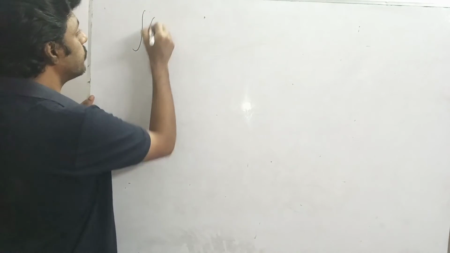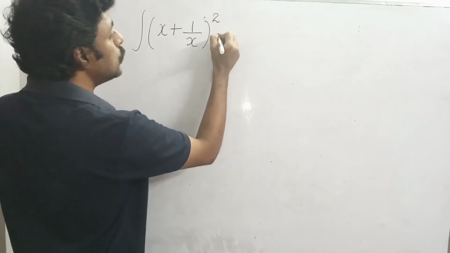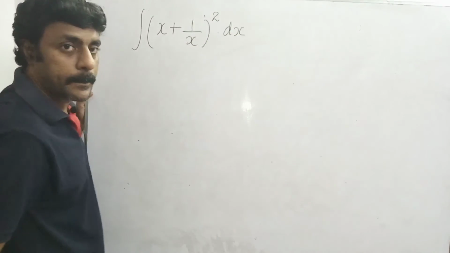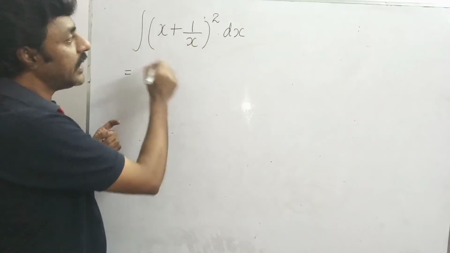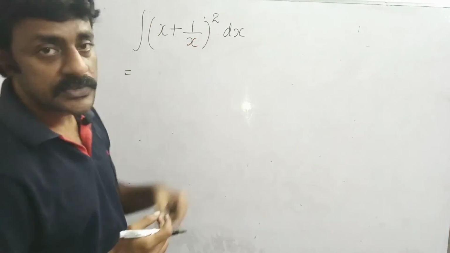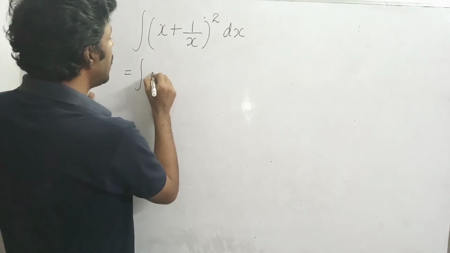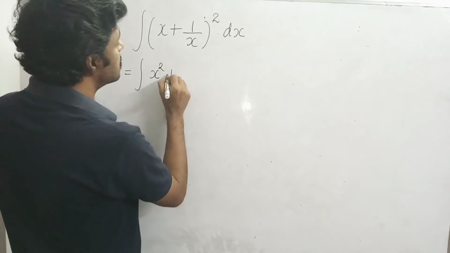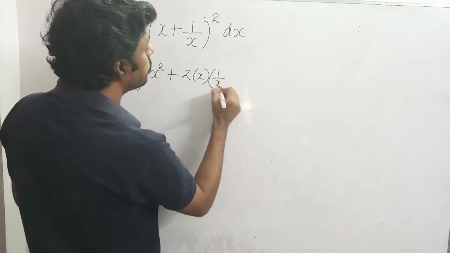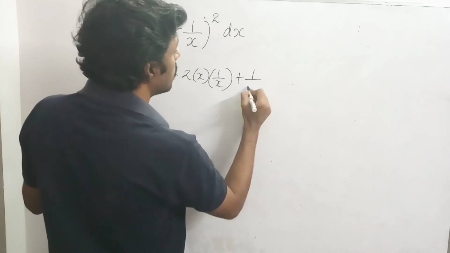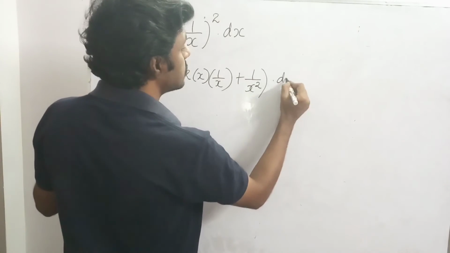Integral of (x plus 1 by x) whole square into dx. Now (x plus 1 by x) whole square is in the form of an algebraic identity, that is (a plus b) whole square. So it will be the integral of a square plus 2ab plus b square into dx.